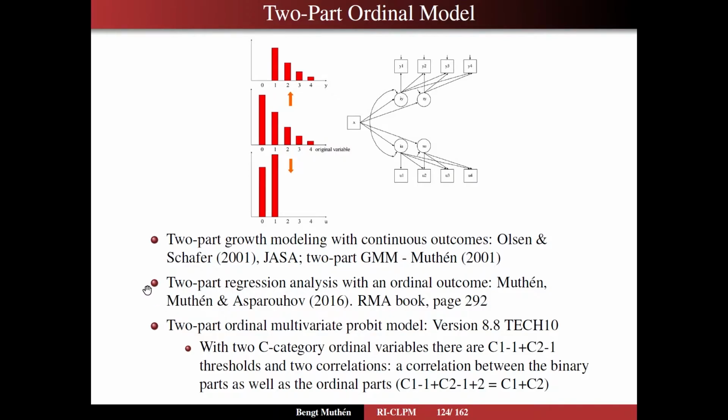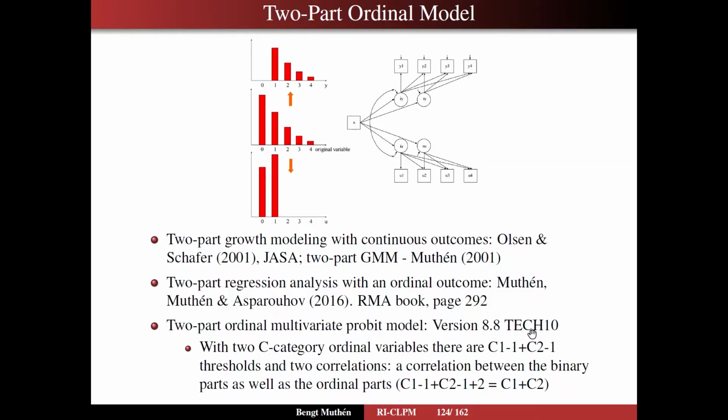2-part regression analysis with an ordinal outcome, that's something we have looked at as well in this book, Regression and Mediation Analysis. If you look at page 292, we propose that as one possible model for an ordinal outcome. Now, the 2-part ordinal multivariate probit model is something I have not applied before. And to get all the details right, you have to use version 8.8 that's forthcoming.